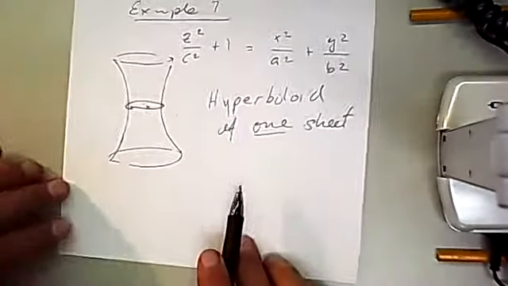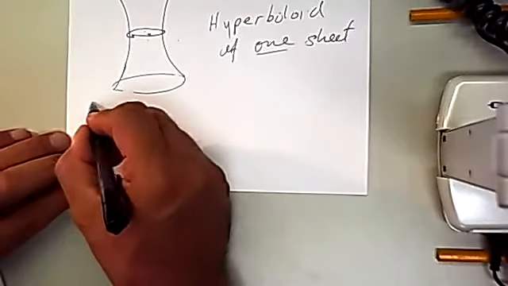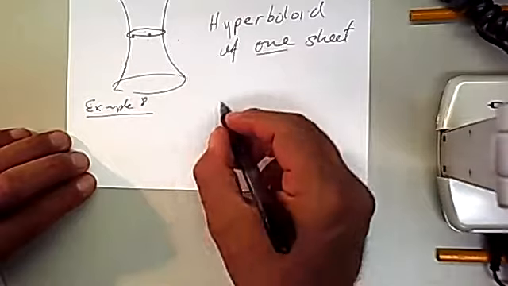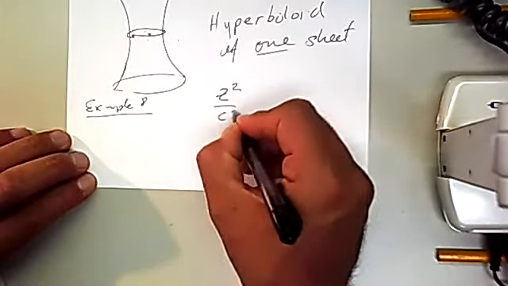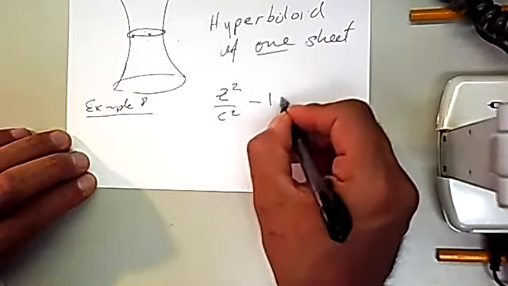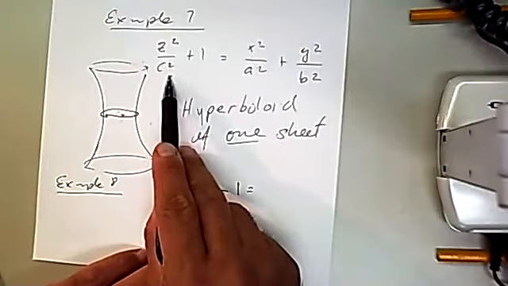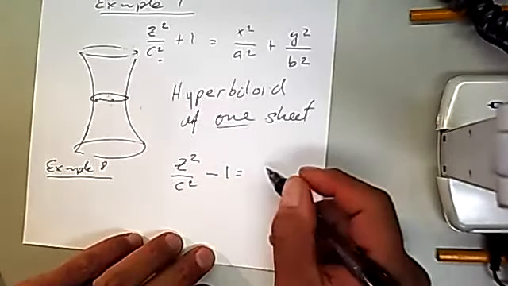So I'm going to try to squeeze example 8 if I can here. What happens if we decrease z squared over c squared minus 1 instead? If we decrease the waist, that means that there is no waist.